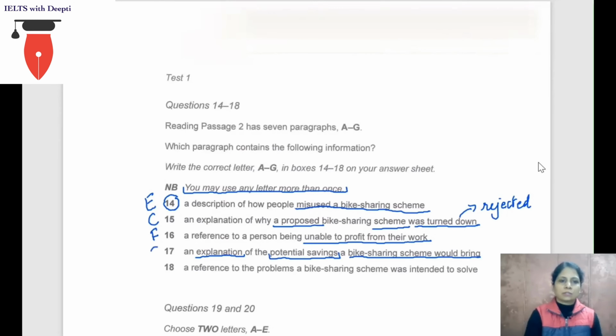Now coming to the last one, number 18. A reference to the problems a bike sharing scheme was intended to solve. So there were some issues and the bike sharing scheme would resolve those issues. If we quickly go through the paragraphs here, in the first paragraph, in the beginning only we'll find that there was a group of activists who wanted to change the society. Now, how did they plan to change the society?